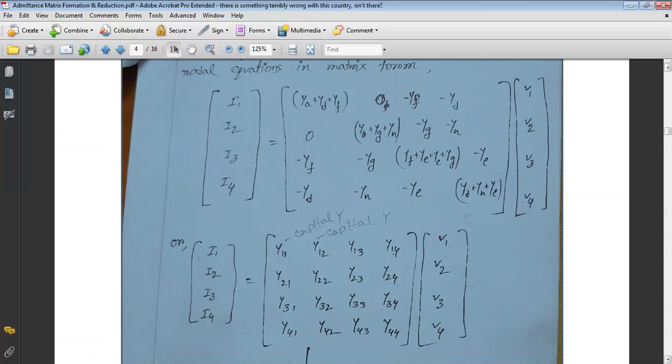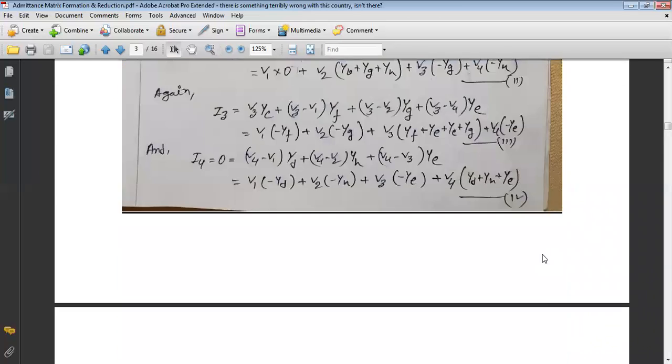This bus admittance matrix is very important for calculating the power flow equation of interconnected buses, because whenever we want to calculate the value of I1, we have to know this Y bus matrix. If we don't know it, we will not be able to calculate the network current or the power flow of the network.